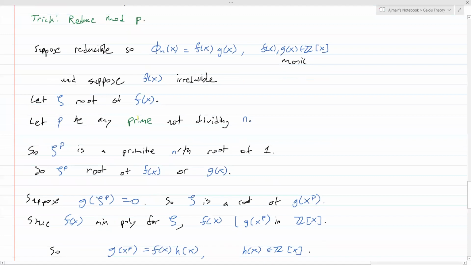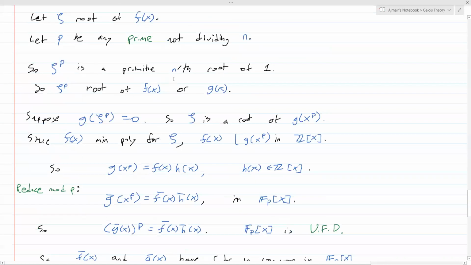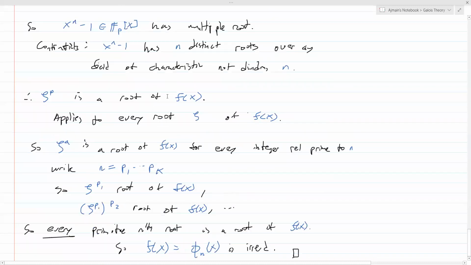And remember, zeta is a root of f, p is a prime not dividing n, and zeta to the p is another root of the original polynomial, so it has to be a root of g or of f. We showed it can't be of g, so it has to be a root of f.